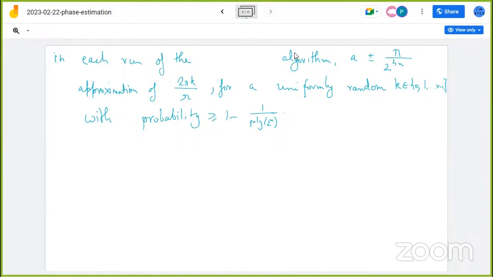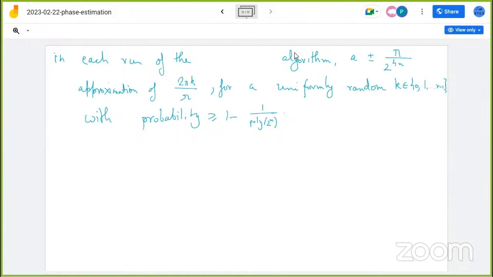So basically now you take many of these and you take the LCM. All of these are divisors of r, so the LCM cannot be more than r. Why will it not be r? It will not be r only if there is some prime p such that you got so unlucky that for every k you got, it was dividing that k. Only then you will not get r. But the probability for any one k that the prime p divides it is about 1 by p.